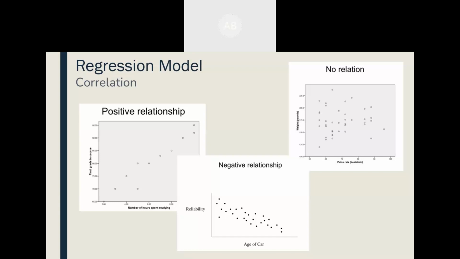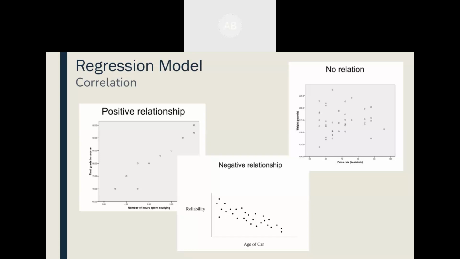Okay. Then there may be a negative relationship. For example, if you have a car and you use it for 1 year, or for 2, 3, 4, 5 or 10 years, some parts of the car may get damaged, and it will have reduced reliability. If you are using a car and you are not changing the oil filter, or maybe not changing the clutch cable for a long time, the reliability of the car will go down, because over the years it will undergo a lot of wear and tear.